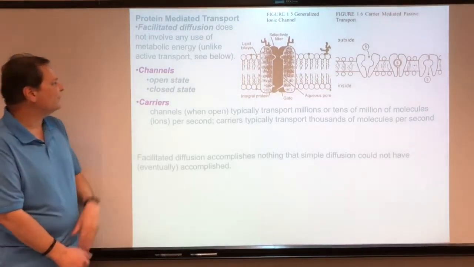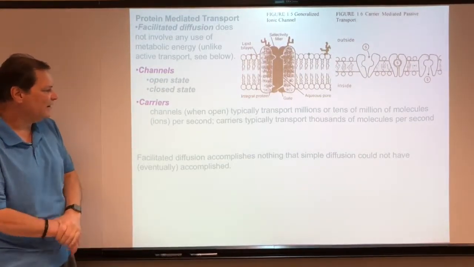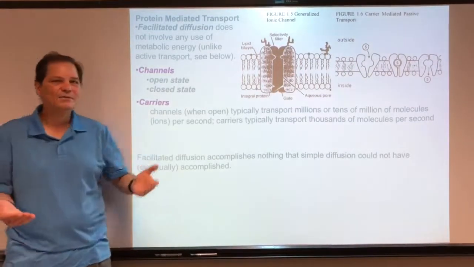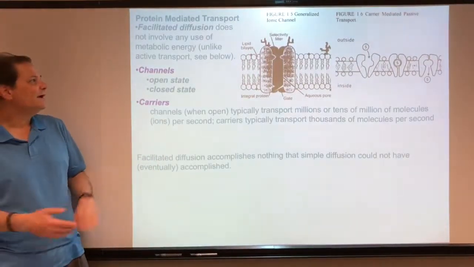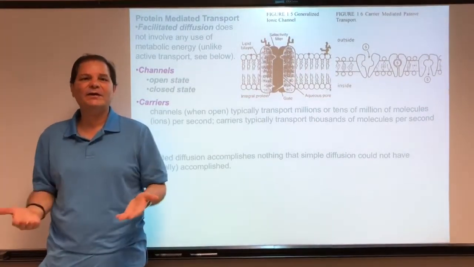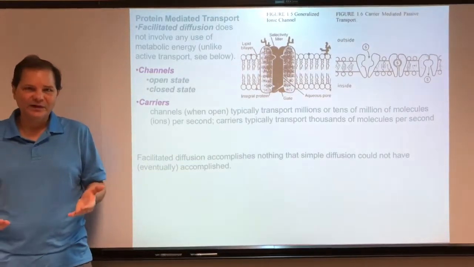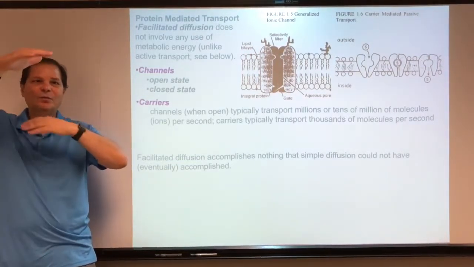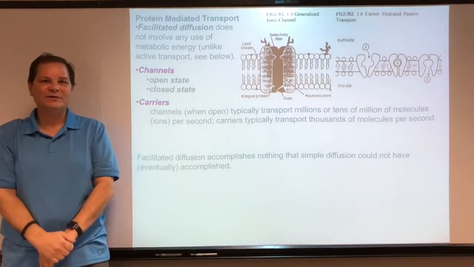You should also notice that whether we're talking about channels or carriers, facilitated diffusion accomplishes nothing more than regular diffusion would eventually accomplish. In other words, I can have an ion, it's not very lipid soluble, it's not going to get across that membrane very easily, but if I give it a million years, enough ions will cross to the point where the concentration on the outside will be equal to the concentration on the inside.